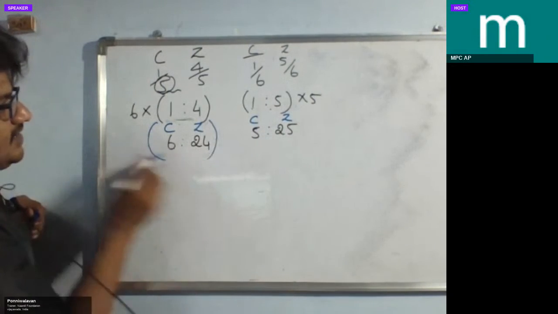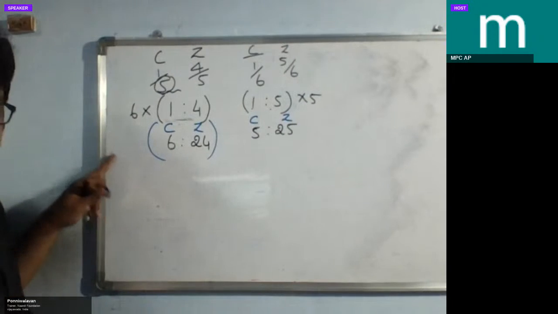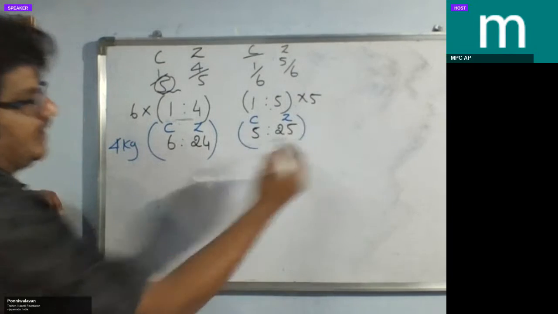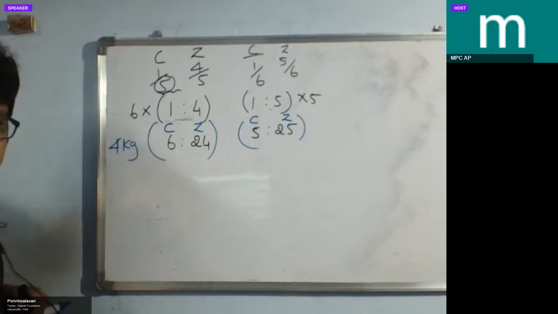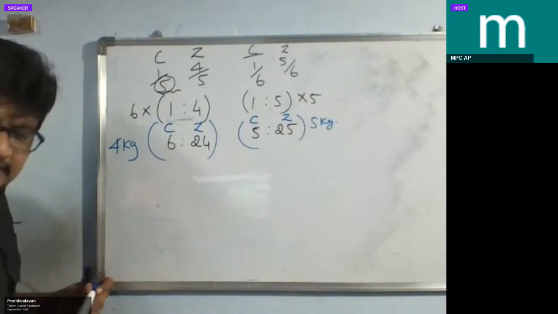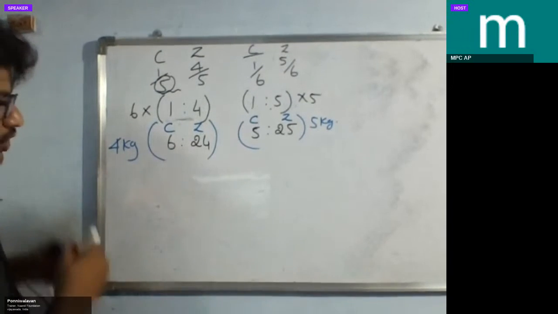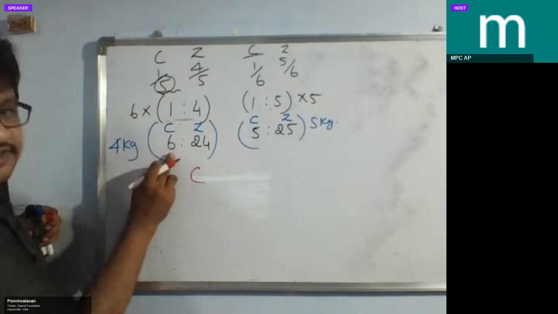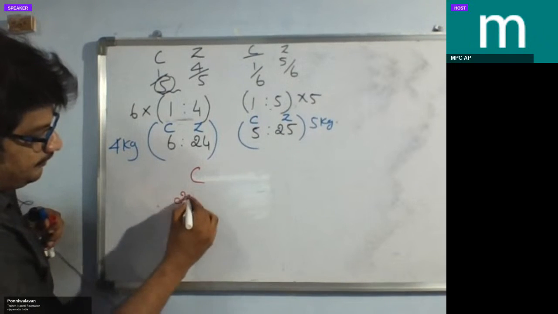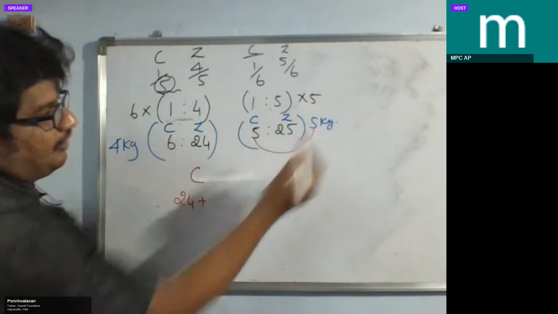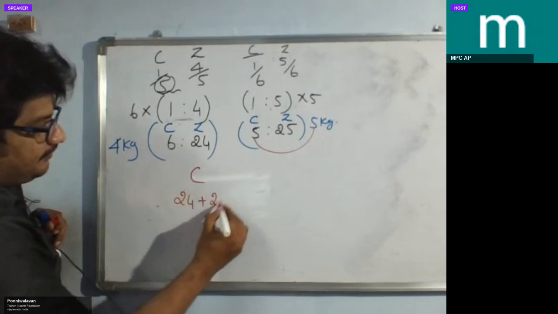Here how many kgs? Totally 4 kg. Here how many kg? 5 kg. Now add the copper from both. Copper: 4 kg of 6, 24. 5 kg of 5, 25.